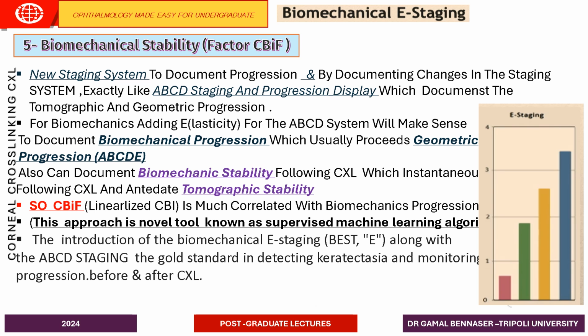Now, on subsequent visits, we can determine whether this patient is stable or getting worse or better by frequent measurement of this CBIF, which is the Corvis biomechanical factor, exactly the same way as in the ABCD.